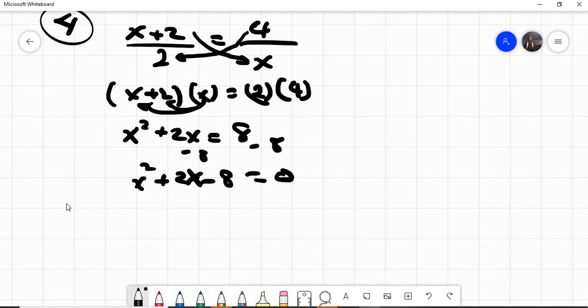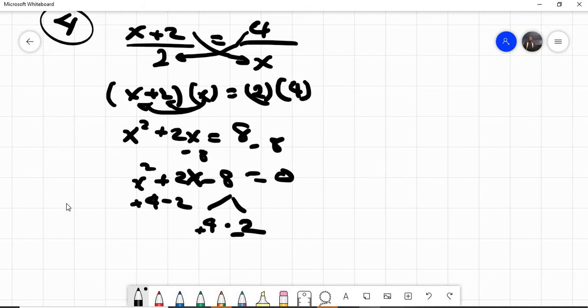So we have to get two numbers. When we multiply, it's -8. When we add, it's plus 2. So the numbers are 4 and 2. But which one is negative? Then 4 must be positive. Why? Because we must get plus 2, so 2 is negative. So it's plus 4 minus 2.